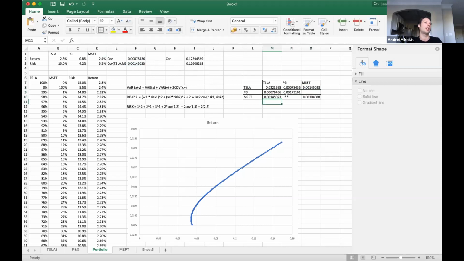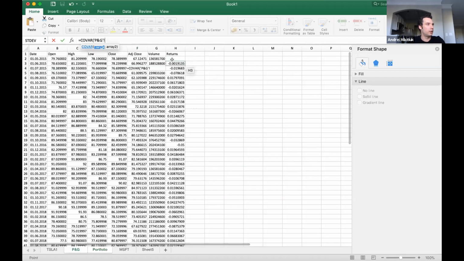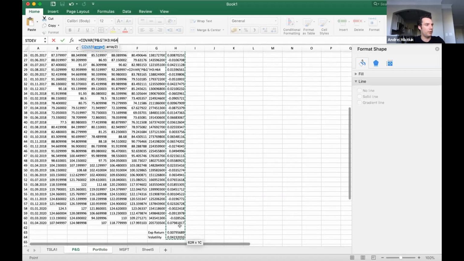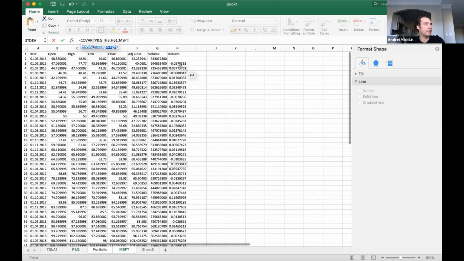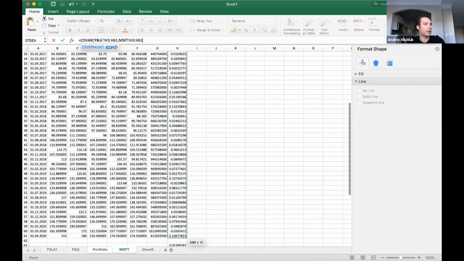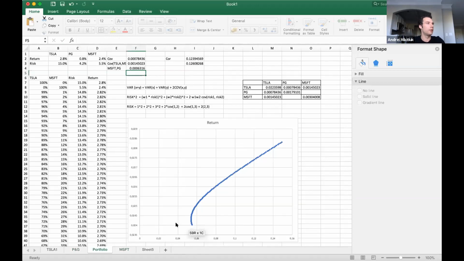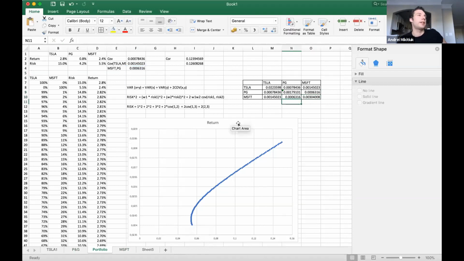And one thing we don't have yet is Microsoft and Procter & Gamble. We need to calculate. So that's Procter & Gamble. That's Microsoft. And that's the final covariance. So what we have just built is called the covariance matrix.